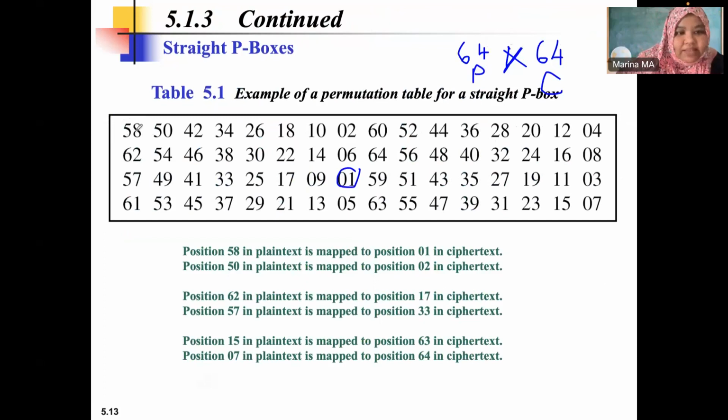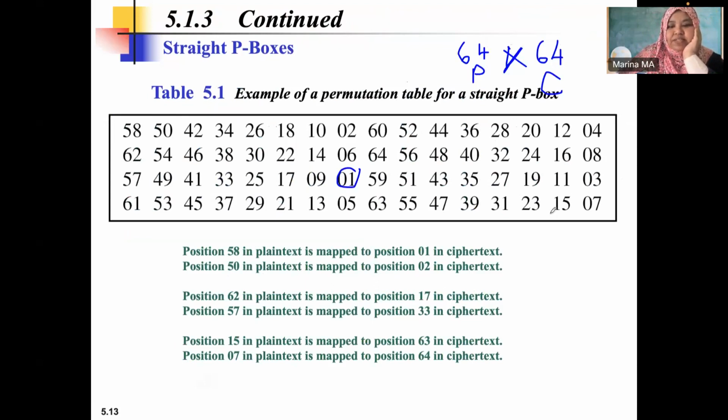So 58th plain text becomes first ciphertext. 50th plain text becomes the second ciphertext. This one, 60th plain text becomes what position? 1, 2, 3, 4, 5, 6, 7, 8, 9. 60th plain text becomes ninth ciphertext.